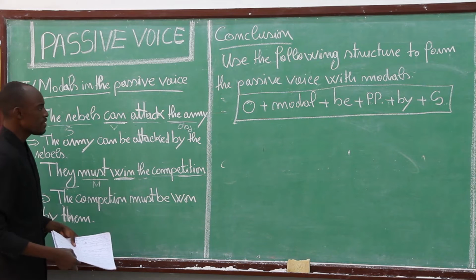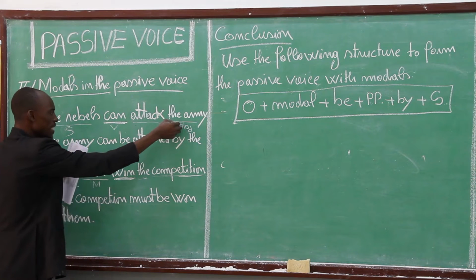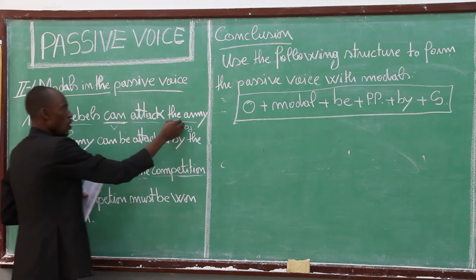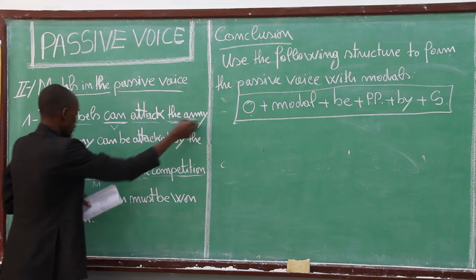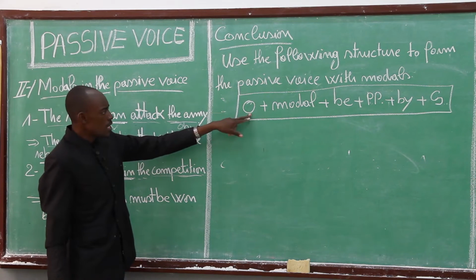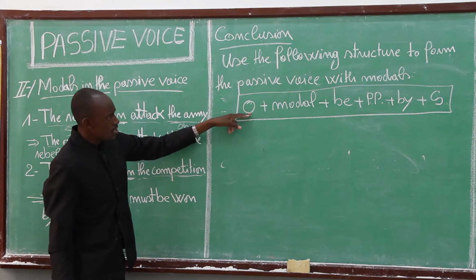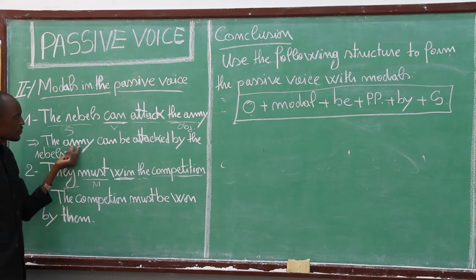Now, in passive voice, we start our sentence with the object. In the sentence, the object is the army. The army is used as the subject.